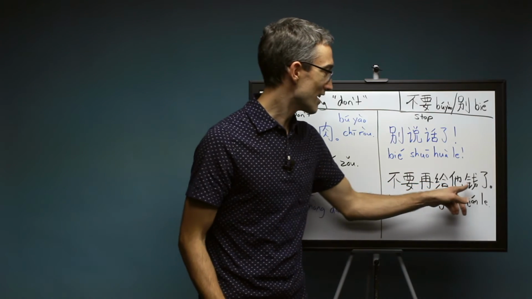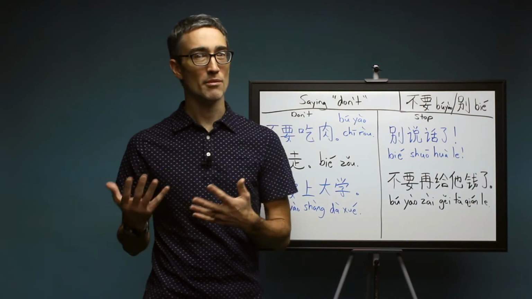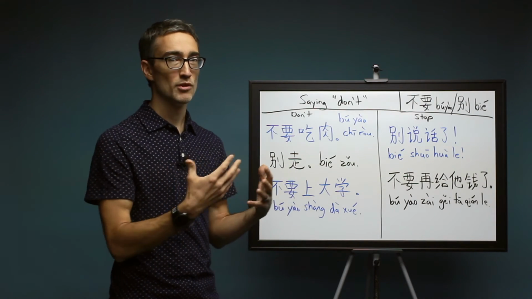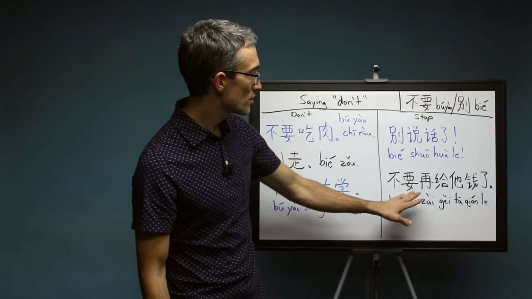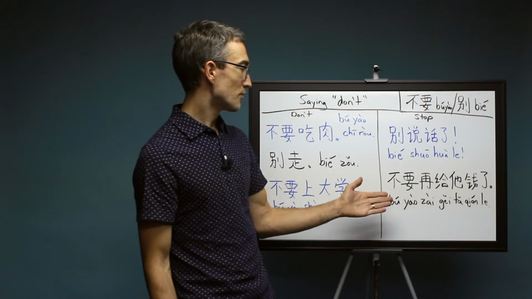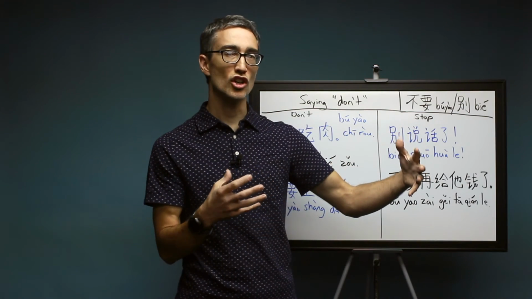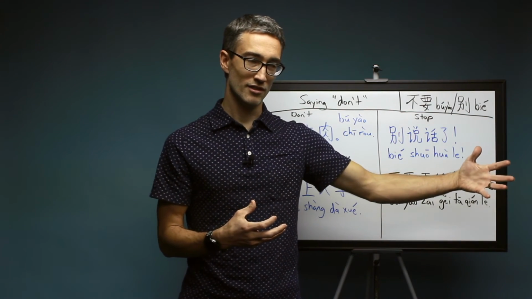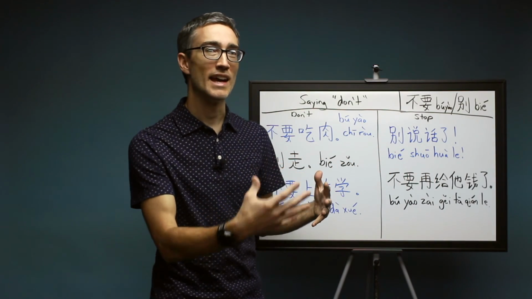So when you add a 了 at the end of the negative command, it means stop doing something that's happening. In this sense, the person saying this is saying it to someone who isn't currently giving money to another person. It's not currently happening, but it has happened before and it might happen again.